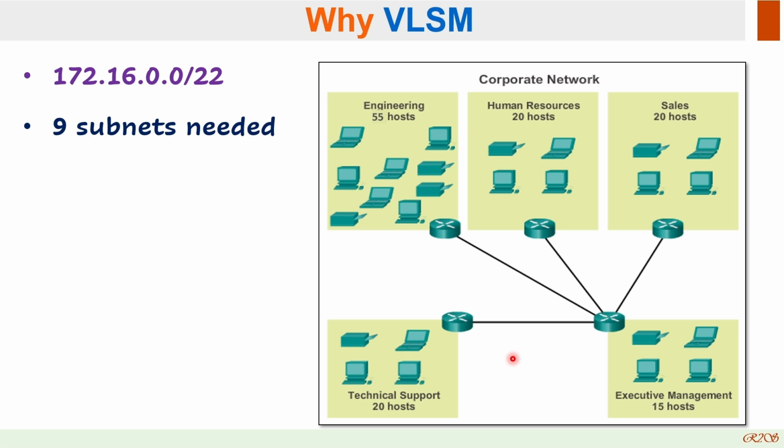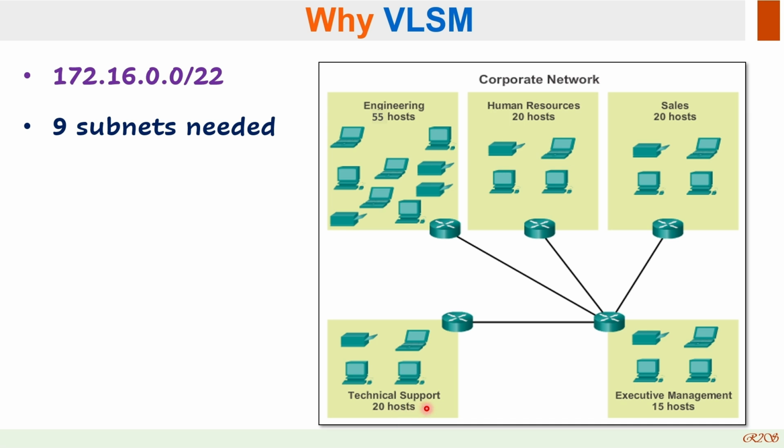Now let's see why we actually need VLSM. Consider you are working in an organization, and this network is your organization's network, and it has different departments. Engineering department has an estimated 55 hosts. Then you have the human resource department, sales department, and technical support.